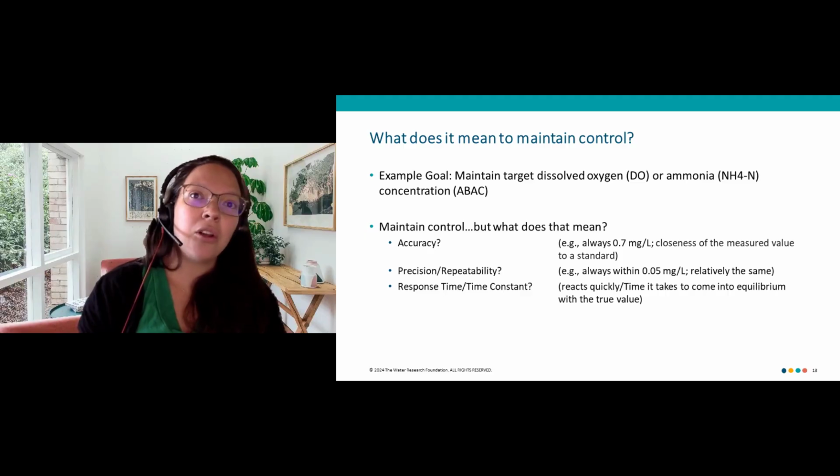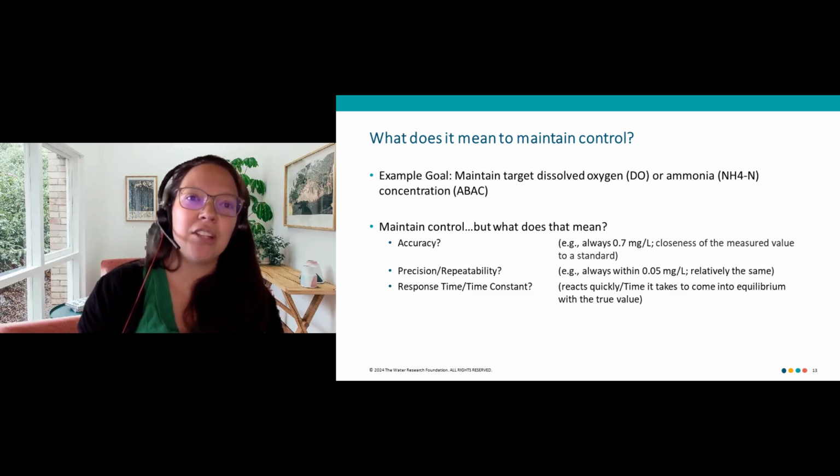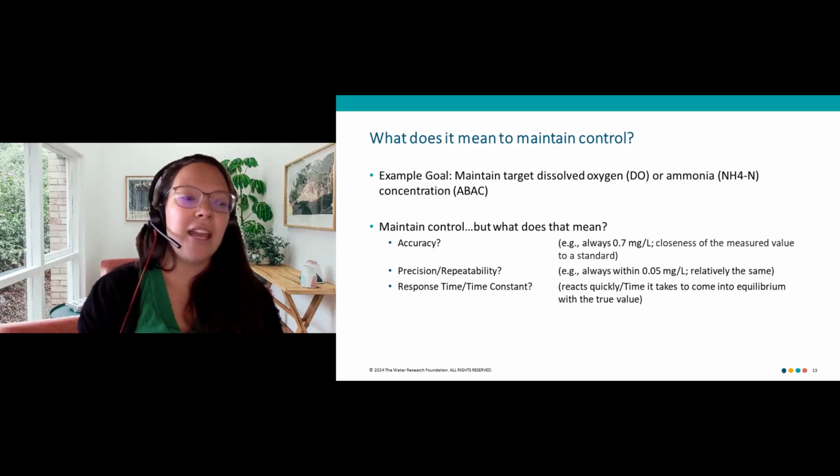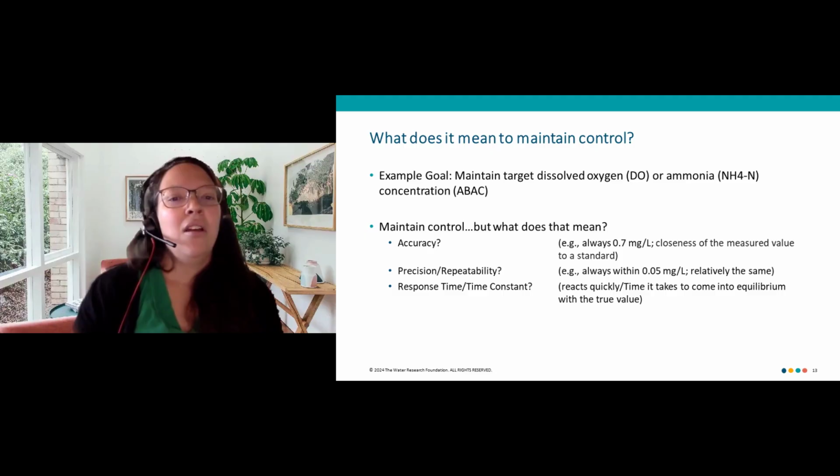Precision measures how close a set of measurements are to each other when repeated over time or with different people, and repeatability is a component of precision. Repeatability measures the variation in measurements taken by the same instrument under the same conditions.